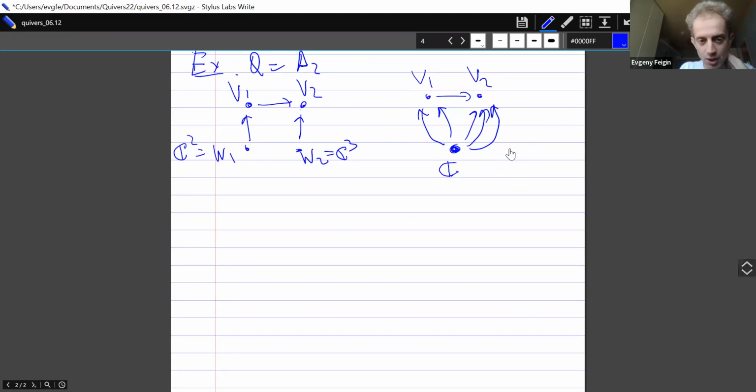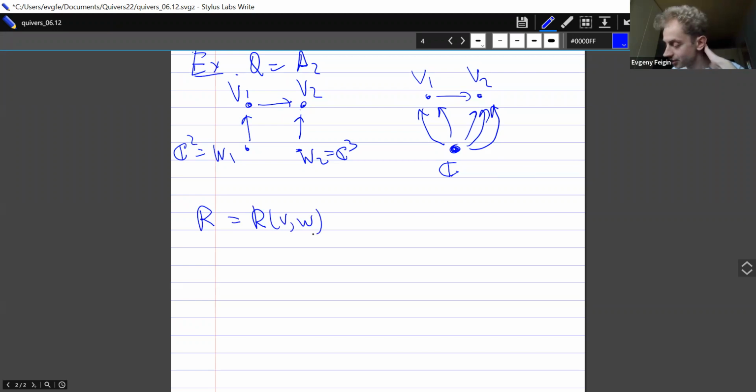Now let us do the following. Let me denote by Rep the framed representation space R_{V,W}.